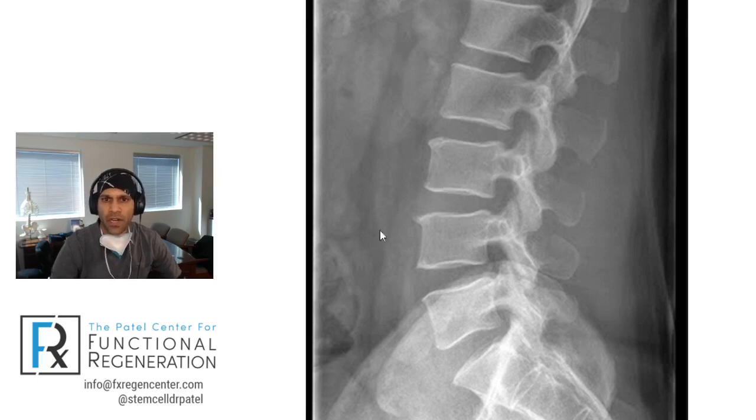This is the front of the body, this is the back of the body, this is the top, this is the bottom. And these squares are the vertebral bodies, the bones. In between these bones, there are discs, which you can't see on X-ray. X-ray is really good at looking at bones. It is not so great at looking at soft tissue structures.